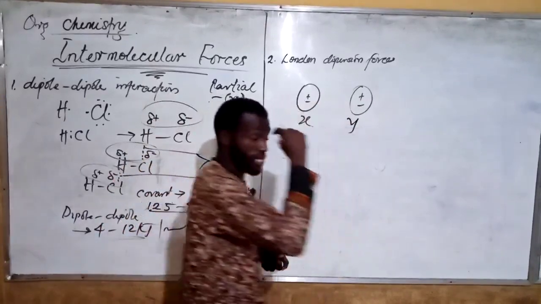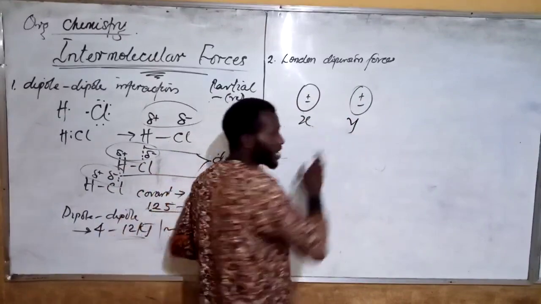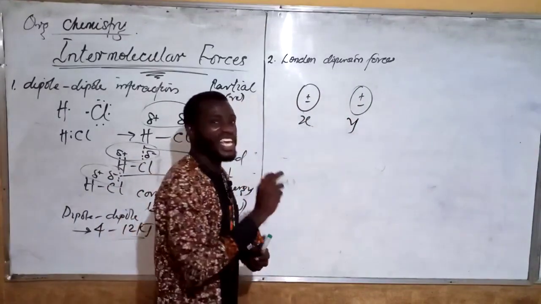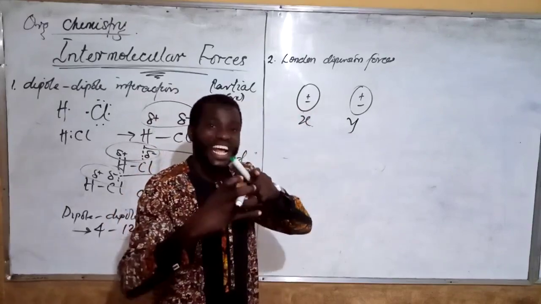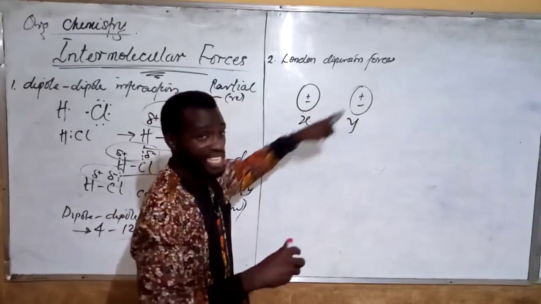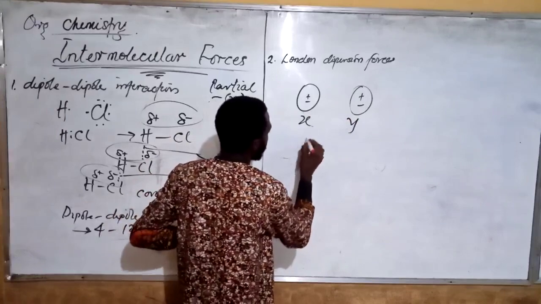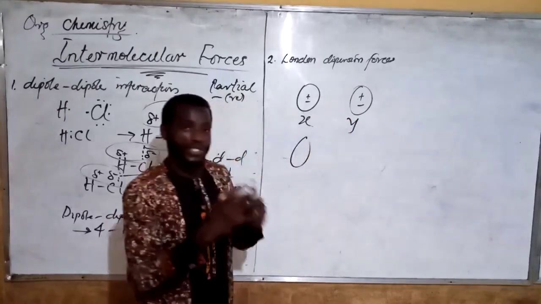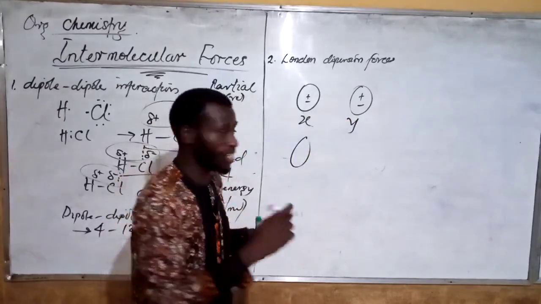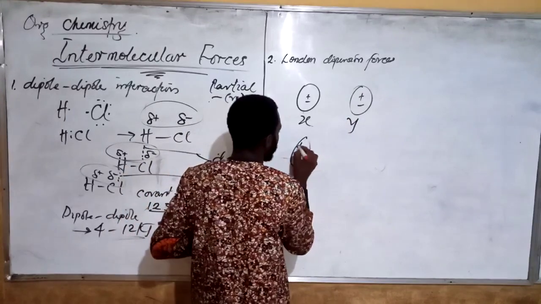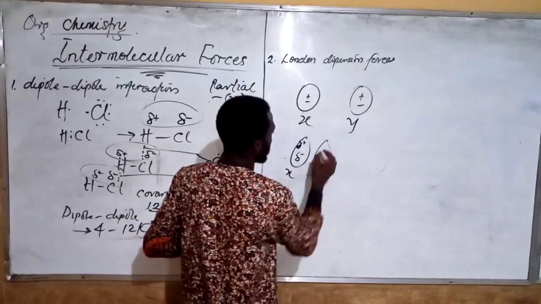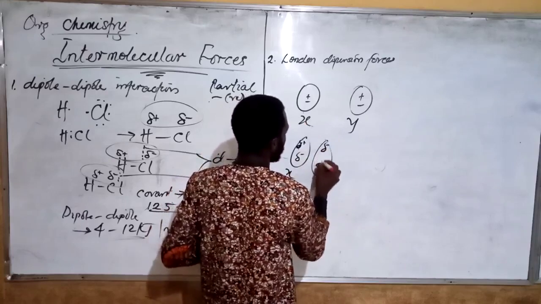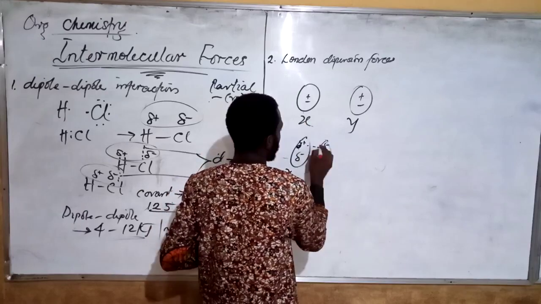Now, what will happen is this: between this molecule X and Y, these weak dipoles will attract one another. Because they are attracting one another, they form what is called a partial positive charge and a partial negative charge as well. And so you have something like this: a delta plus and a delta minus for X, and a delta minus here and a delta plus, so that they interact.